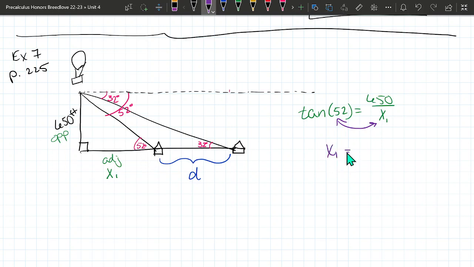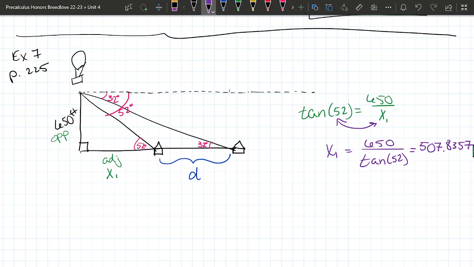So x1 equals 650 divided by the tangent of 52 degrees. All right, so if I look at that, then x1 equals 507.8357.